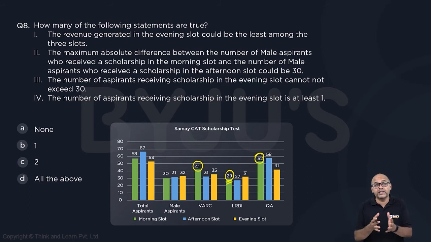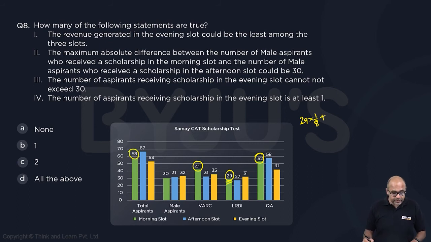Because I'm supposed to minimize the revenue, I'll maximize students belonging to all 3. So 29 into half, into 1/8. Plus, now remember, total there were 58 people, out of which 29 of them are getting a scholarship, which means the remaining 29 are not getting any scholarship. This is the minimum amount possible in the morning slot.